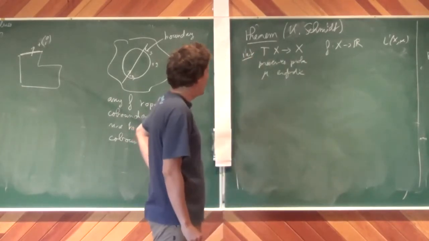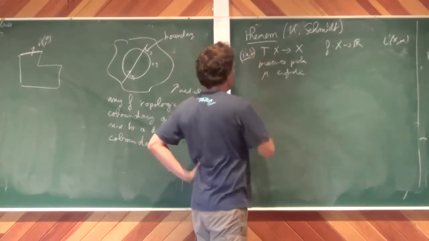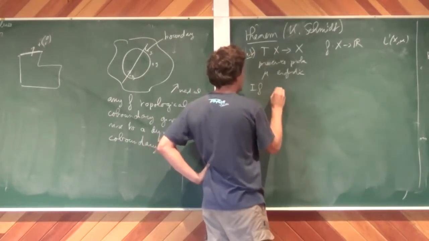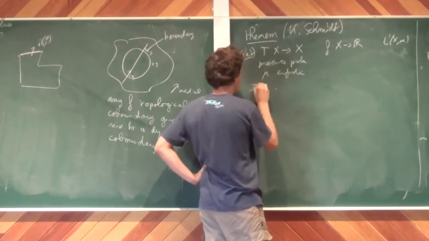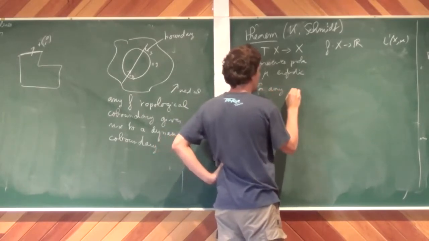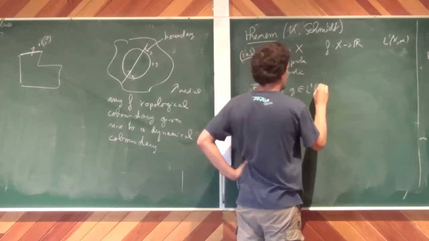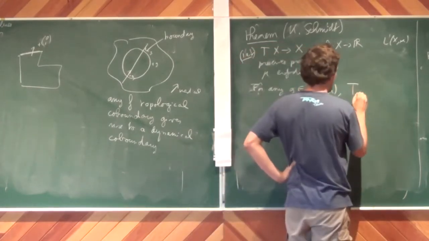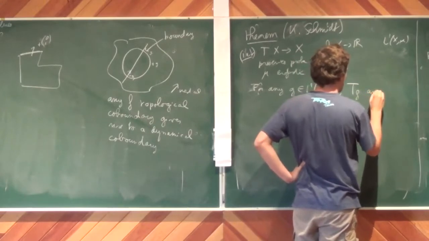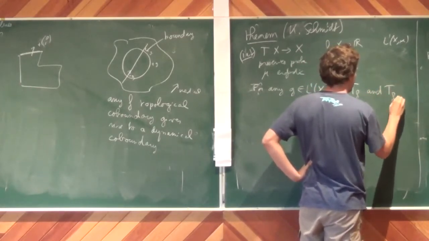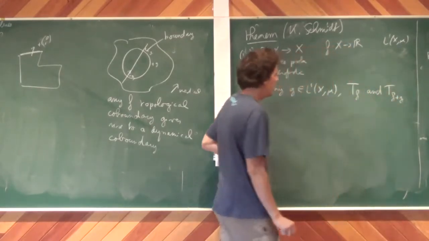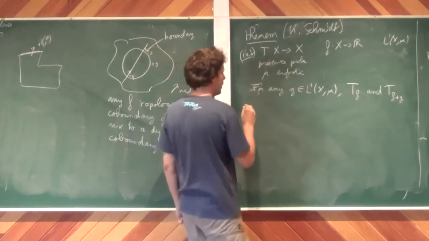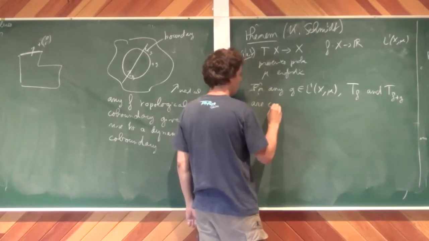And the theorem is, if you pick a coboundary, so for any G in L1 of X, mu, if you consider the two skew products T_F and T_(F plus G), they are conjugate.